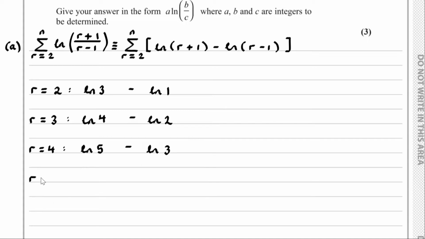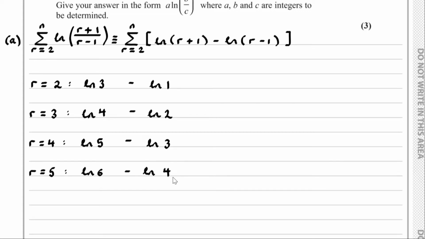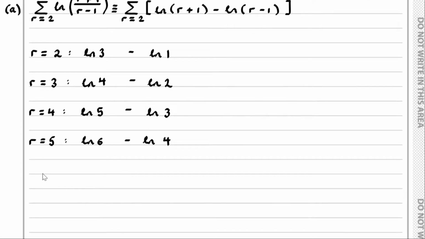When r is equal to 5, we've got the natural log of 6, subtract the natural log of 4. When r equals 6, we've got the natural log of 7, subtract the natural log of 5.